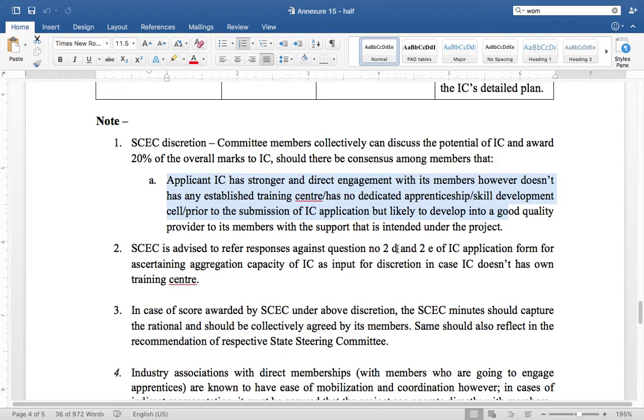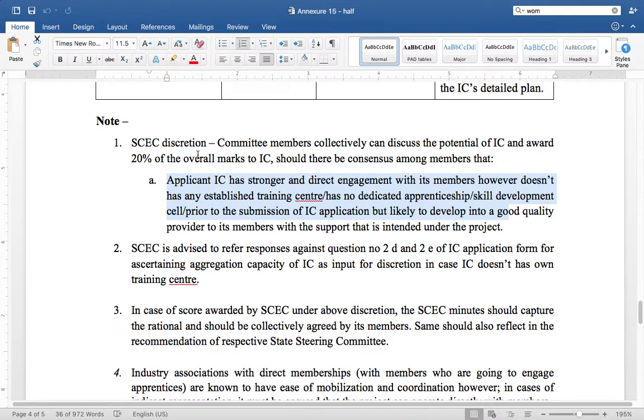In certain cases, many a time the applicant industry cluster doesn't have industry training infrastructure, but if the SCEC members feel that the industry cluster has a good team and credentials, even if they don't have a ready training infrastructure, then instead of applying 0 marks or 1 mark, if the SCEC members in consensus and agreement feel that there are other credentials the cluster has, by the team and other important variables which are left to the SCEC members, then they can award 20% of the score against it.